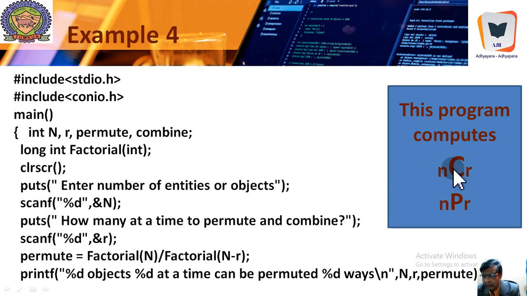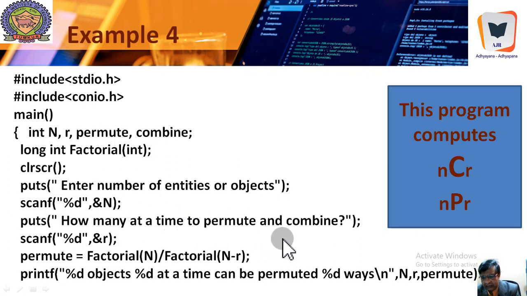In both the cases, the formula contains, both in the numerator and the denominator, the factorials. As far as nPr is concerned, it is n factorial divided by n minus r factorial. As far as nCr is concerned, it is n factorial divided by n minus r factorial into r factorial. Therefore, it is enough if we construct a function for factorial, and it will be repeatedly applied in order to churn out the answer.